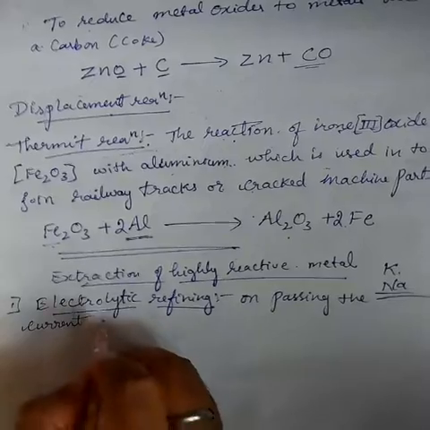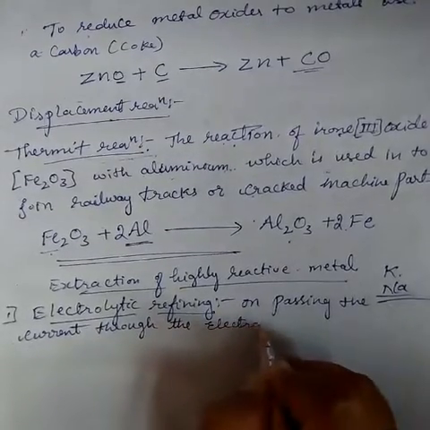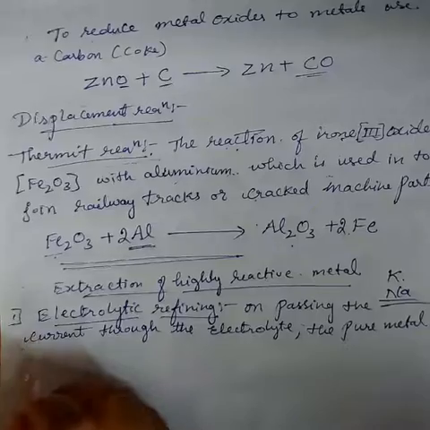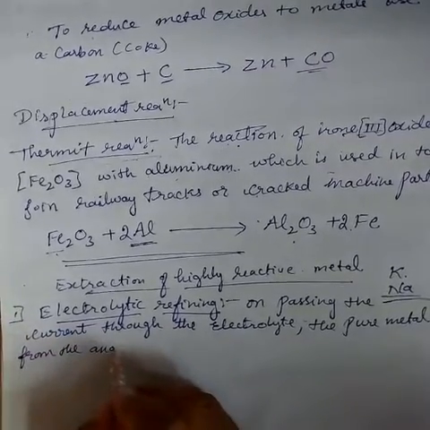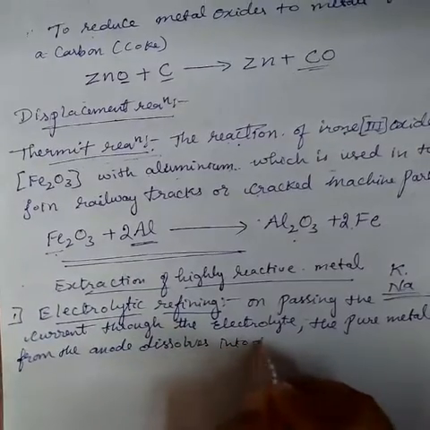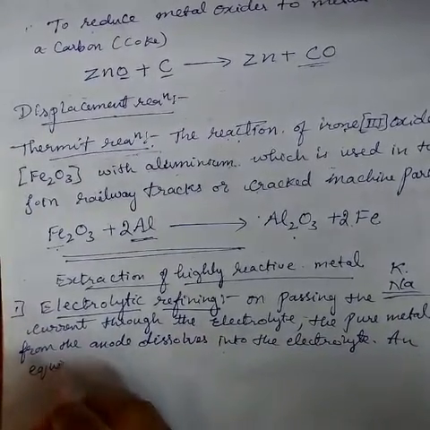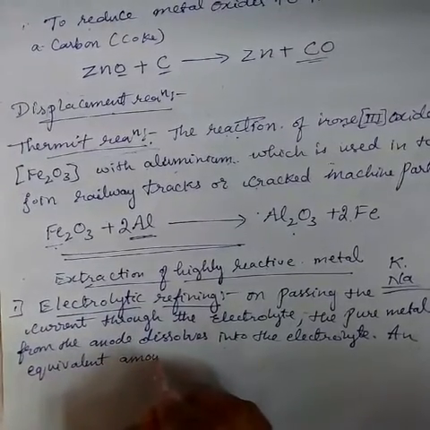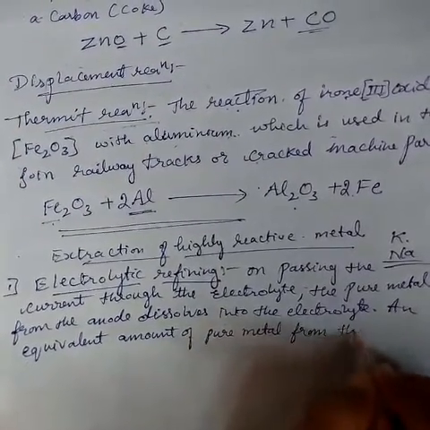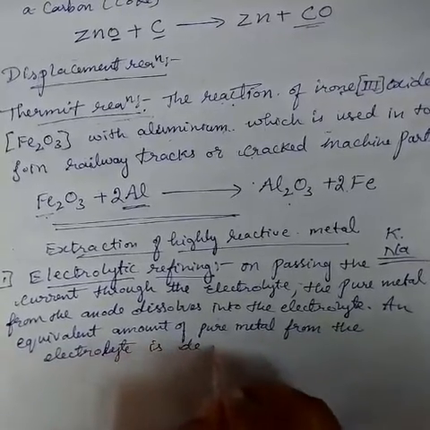On passing the current through the electrolyte, the pure metal from the anode dissolves into the electrolyte, and an equivalent amount of pure metal from the electrolyte is deposited on the cathode.